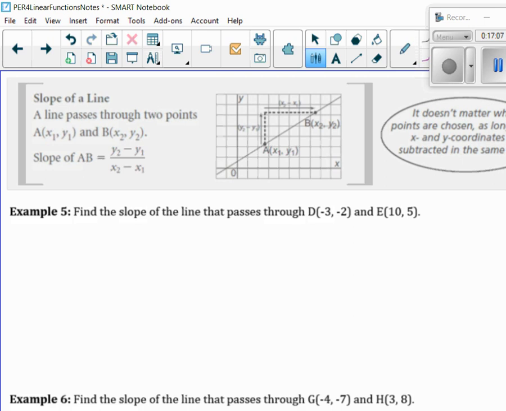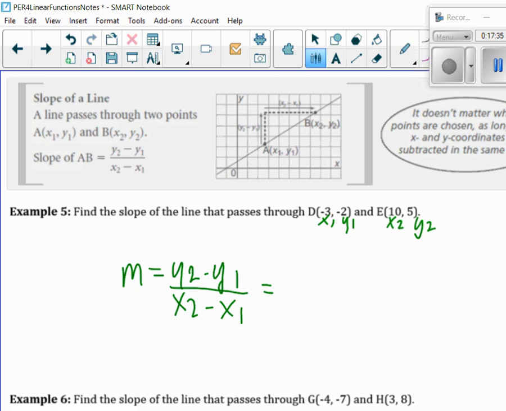It's an x. So this would be x1. Negative 2, is that a y or an x? Y. So this would be y1. This would be, because it's the second point, what? X2. And this would be y2. So we're going to put it into the formula. M equals y2 minus y1 divided by x2 minus x1.